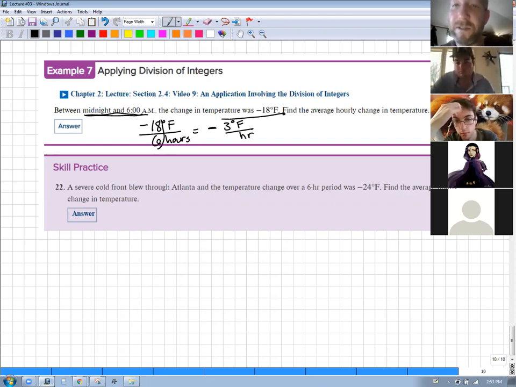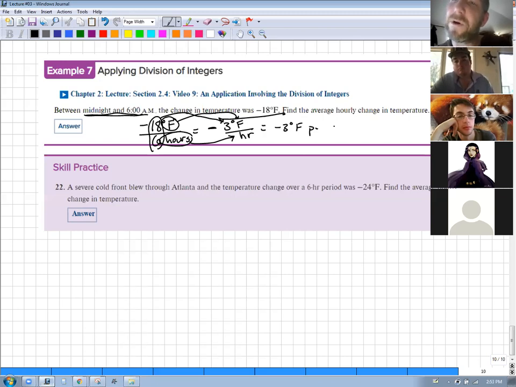All right, so this turns into the 3. Then we have to keep the degrees Fahrenheit and we have to keep the units of hours. All right, so this is -3 degrees Fahrenheit per hour. Okay. You always want to write your units.